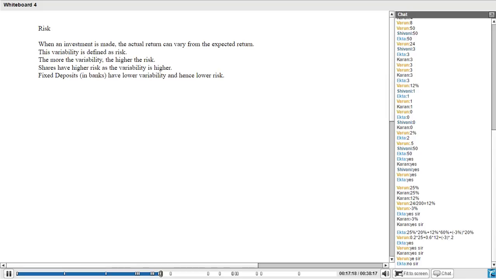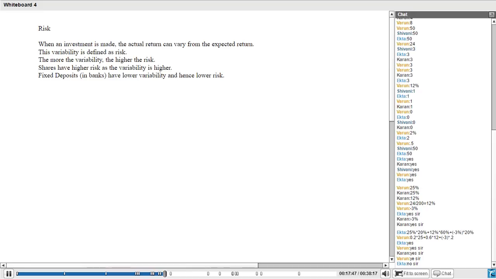The higher the variability, the higher the risk. Let's look at some examples. Everybody understands shares. Shares have higher risk as the variability is higher. Fixed deposits, when we put our money in a bank, have lower variability and hence lower risk. Is that concept clear? Because there is variability in our returns, our actual returns can vary from the expected return. That is referred to as risk.